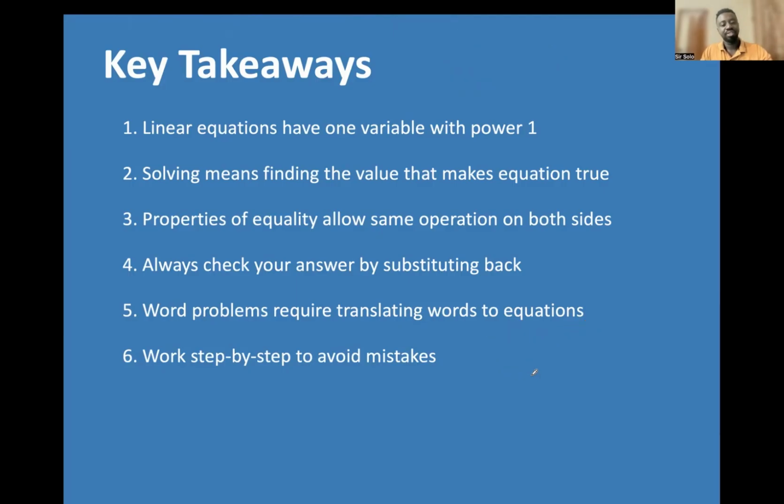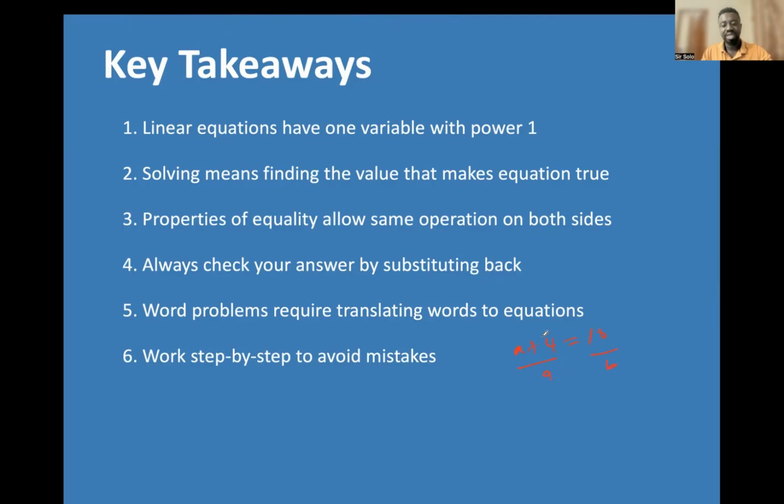Now, properties of equality allow the same operation on both sides. If you have x plus 4 is equal to 10, the equality says this side, which is A, and this side, which is B, are the same.